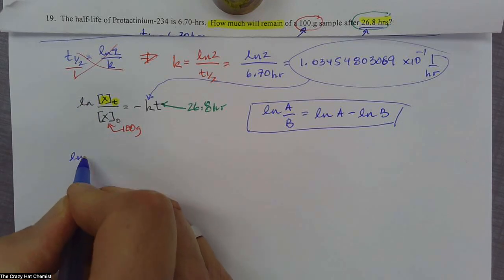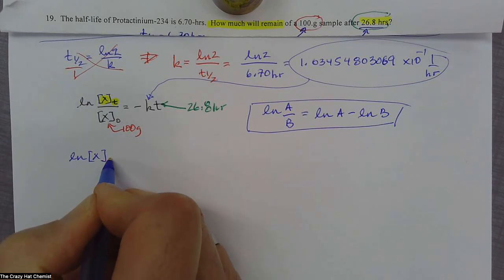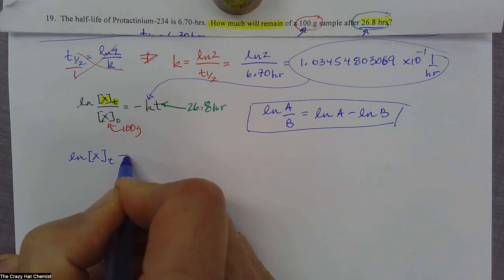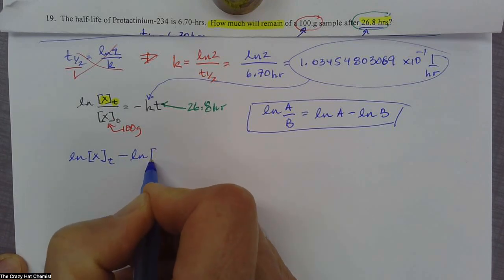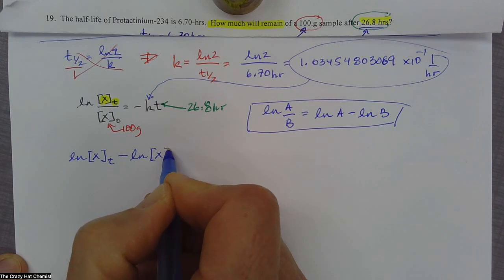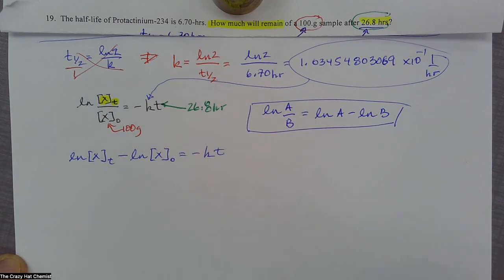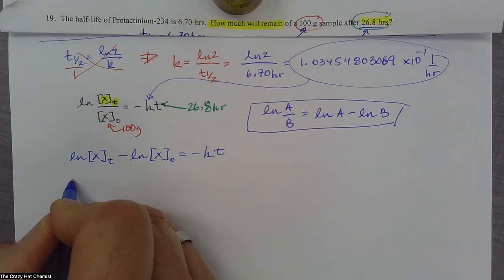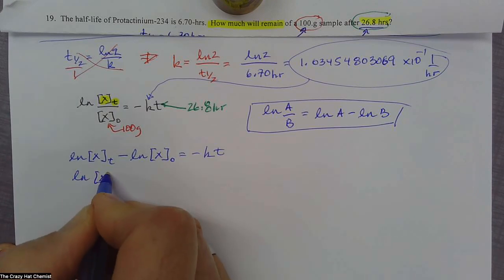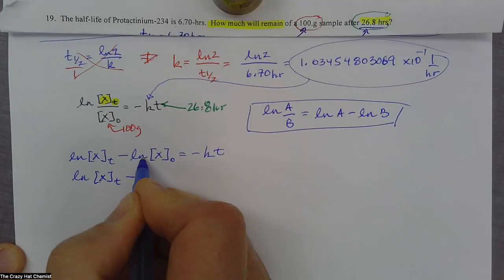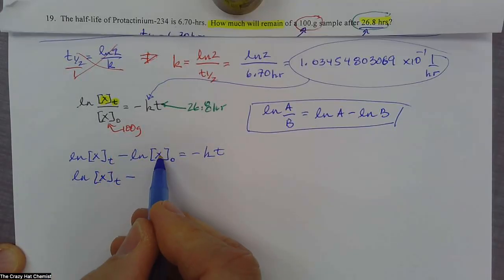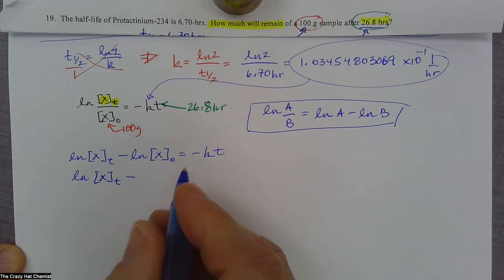So natural log of x sub t minus natural log of x sub naught is equal to negative kt. All right. So now we're going to substitute in those numbers for this particular problem. So natural log of x sub t, this is what I'm solving for, minus natural log of, well, x sub naught is 100.